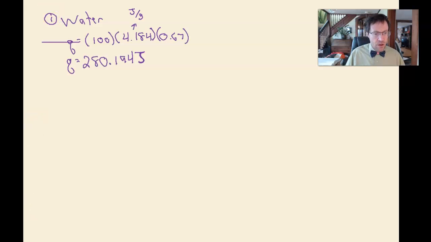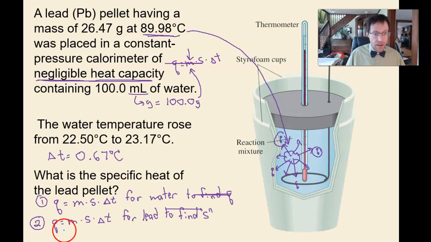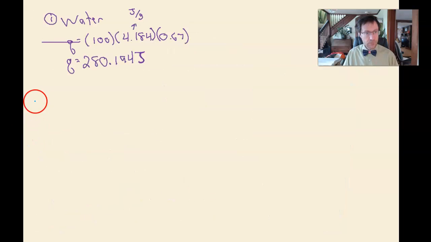For step 2, we're going to do something a little bit different. We're going to do Q equals m s delta T for the lead. So this time, the mass is 26.47.